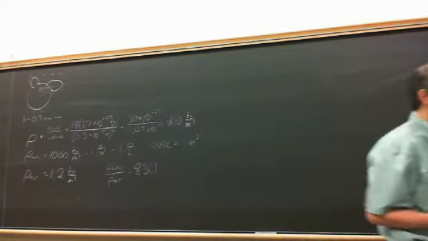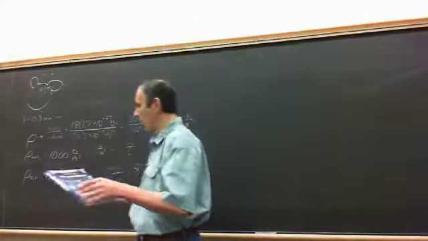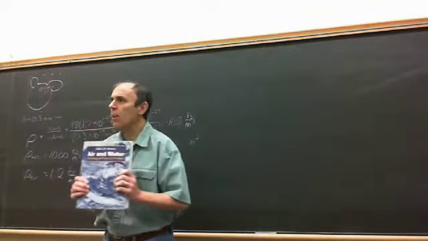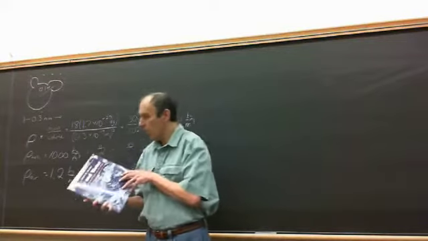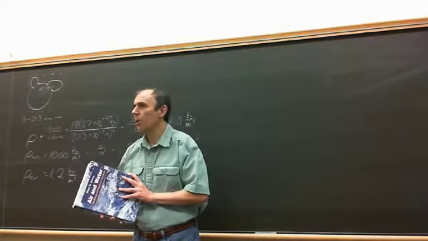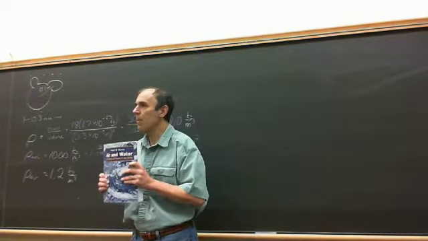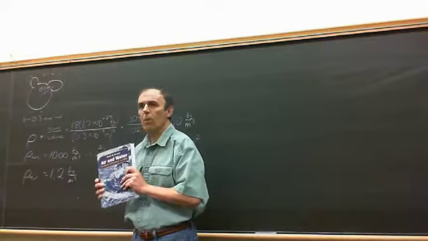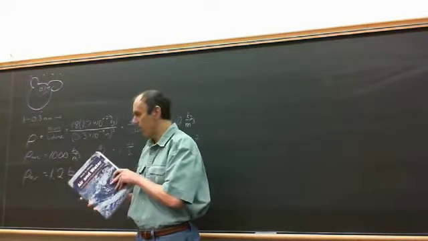Now, if you want to learn more about the relative properties of air and water, I suggest this book by Mark Denny called Air and Water. A long time ago, before I was co-author on the textbook you're using, I used this book in this class because it's a very good book. It's written more from a biology and physiology perspective as opposed to physics.